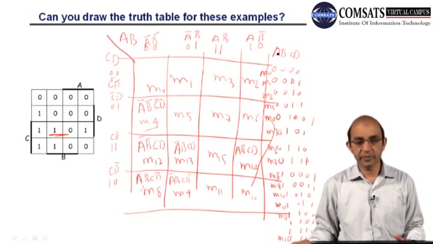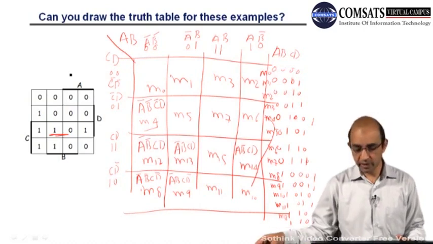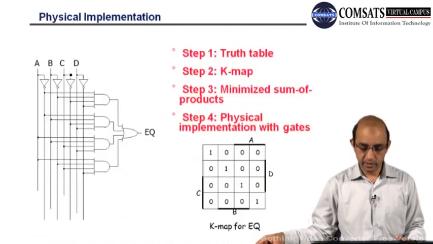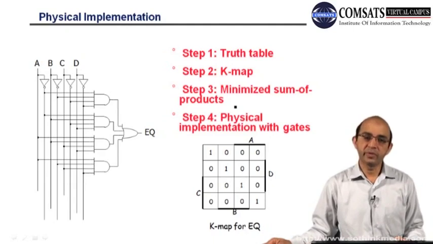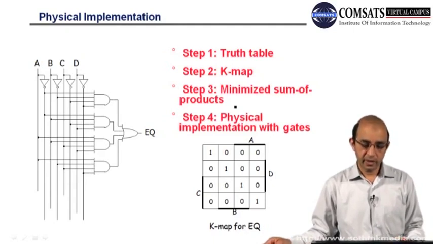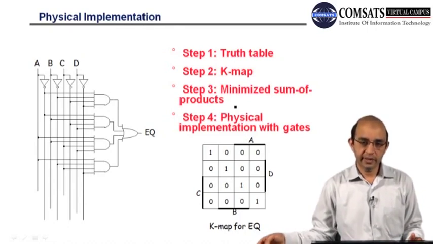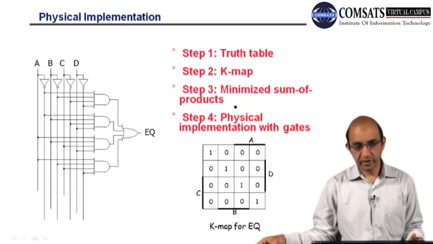If you have this sort of representation, this is the truth table, you can always map those min terms over this K-map, Karnaugh map. Then we perform the simplification so that we have a simplified circuit that can perform the similar job. Finally, after the simplification, we implement the simplified Boolean expression by using different gates.